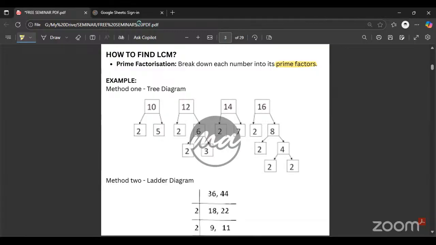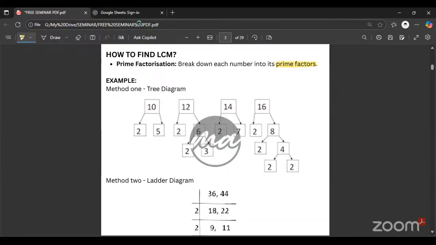Yes, teacher. What is a prime factor, Shafia? The factor itself and the number 1, which are divisible by 1 and itself. Yes, that's very good. Prime numbers are numbers which can be divided by 1 and only itself.